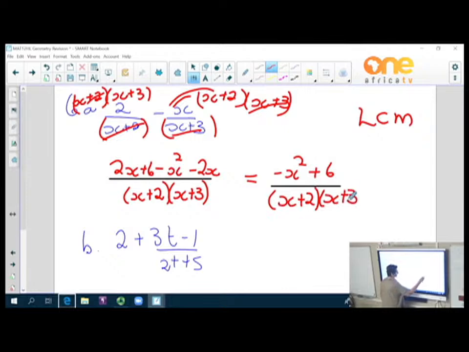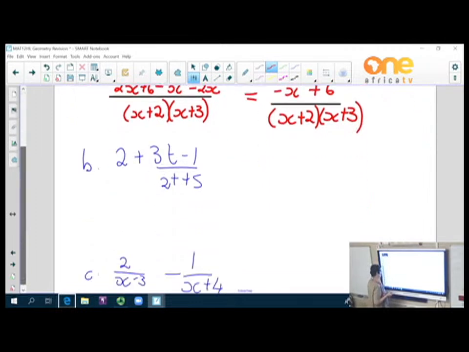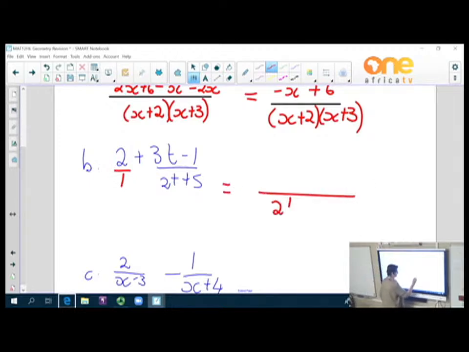Don't throw the LCM away. You need to keep that LCM. Remember, this is a whole number. So the LCM is 2t plus 5. If I multiply now with 2t plus 5, then here it will be 4t plus 10.